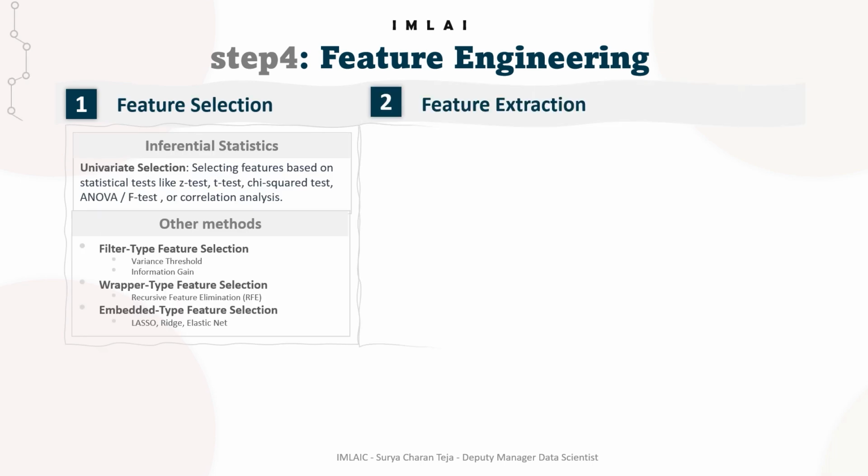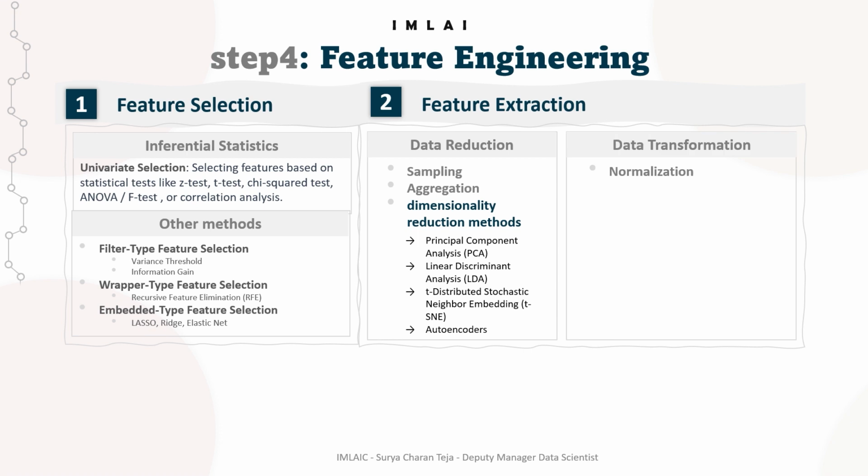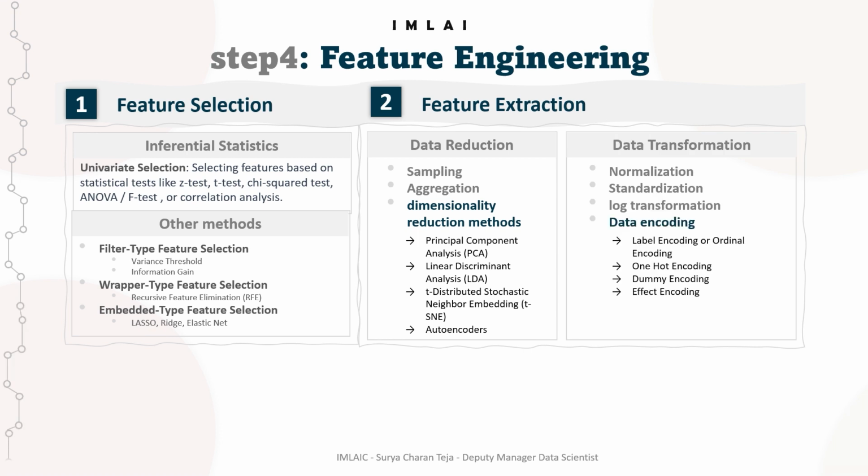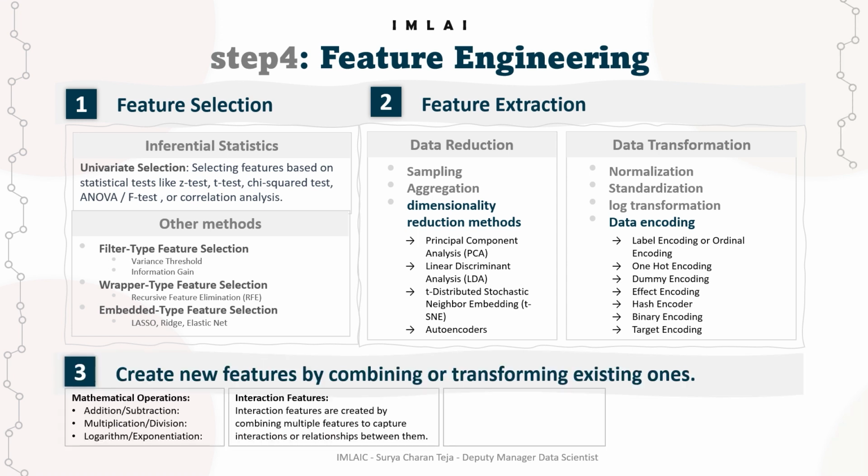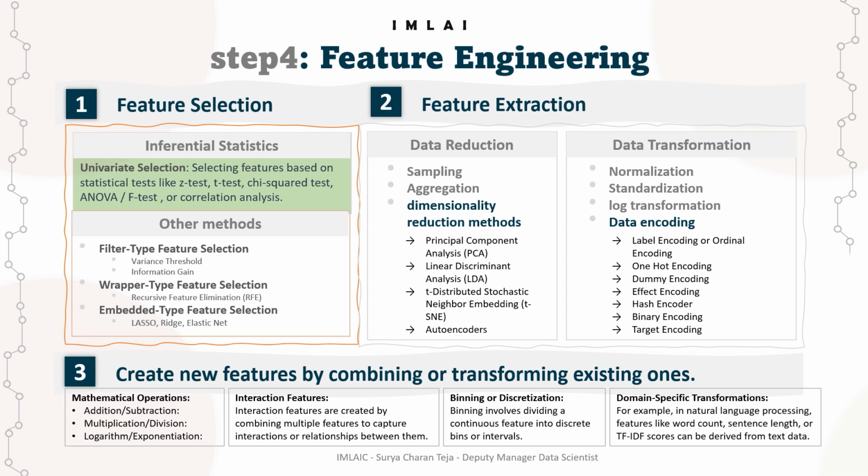So far what we have seen is feature selection using inferential statistics, which we also call univariate selection. In univariate selection, we have used statistical significance tests to do the feature selection.